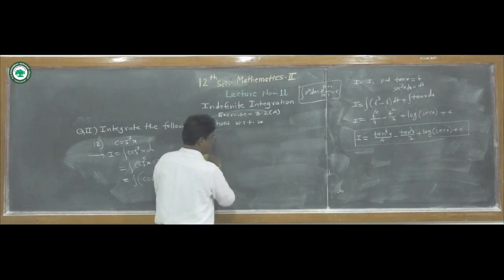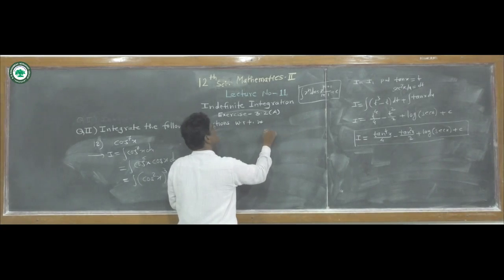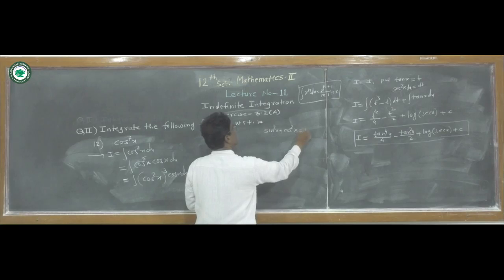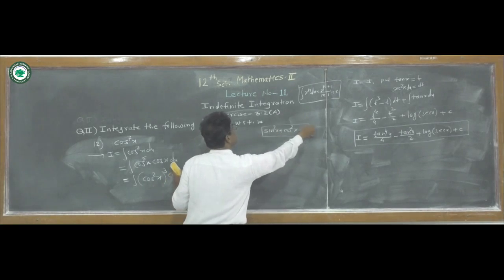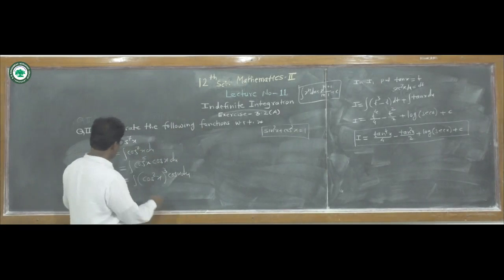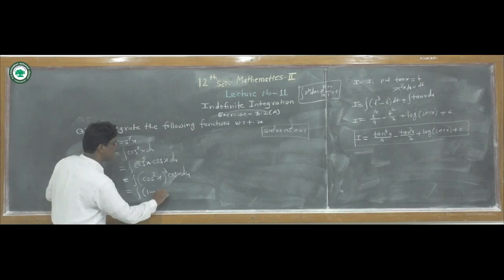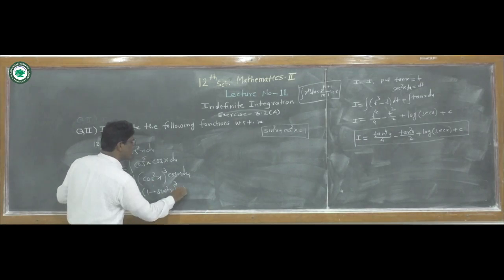Sin square x plus cos square x is equal to 1. From this fundamental identity, write cos square x as 1 minus sin square x. So here it is equal to integration of 1 minus sin square x to the power 3 into cos x dx.